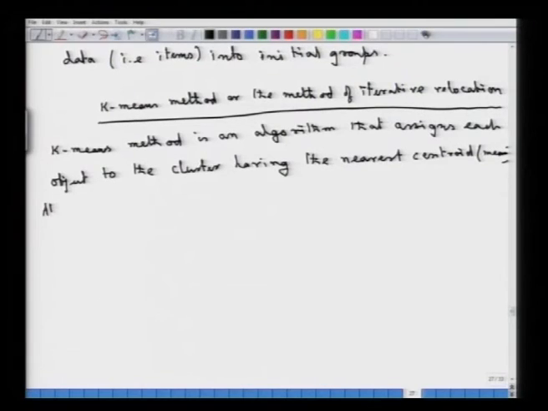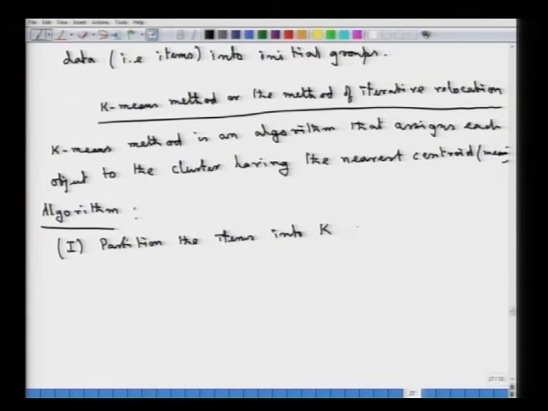Now, what is the algorithm for this k-means method? The algorithm goes in the following steps. The first step is to partition the items into k initial clusters. This is one approach. We could have also put k centroids into the initial data and then made the assignment accordingly.